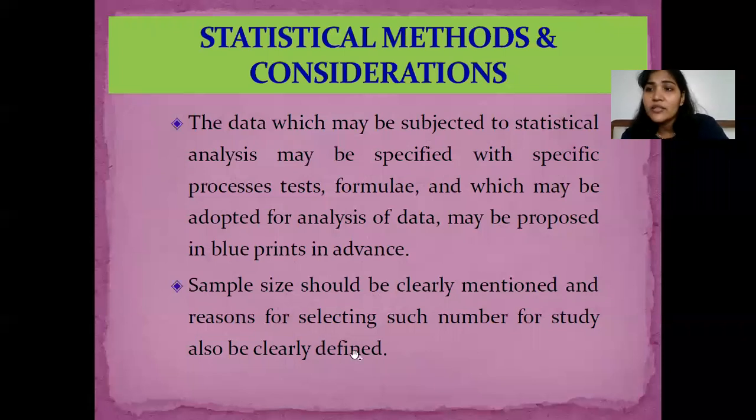And who can do this? Only a biostatistician can, explaining why this sample size and the justification for it. In your curriculum you study a little bit of biostatistics, but you are not a specialized person in that. Generally mathematics people, and now we have MSc in biostatistics also, will be working in this area.